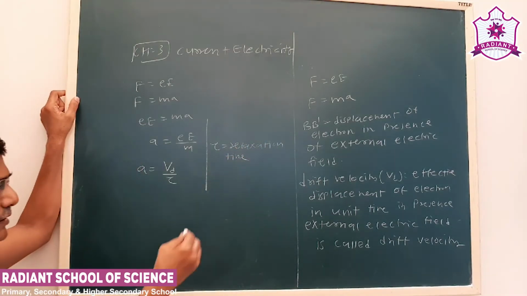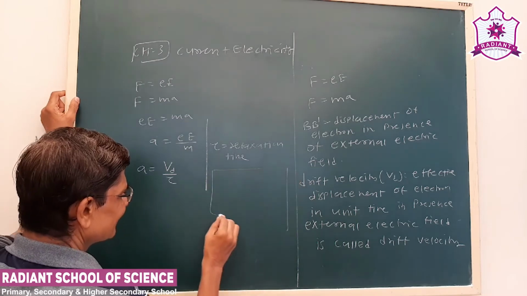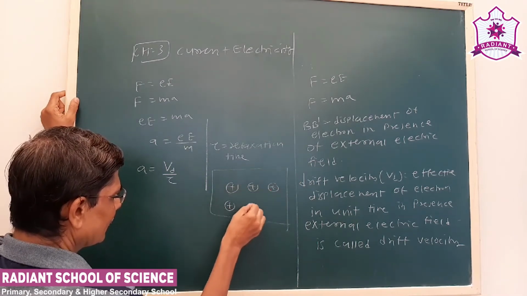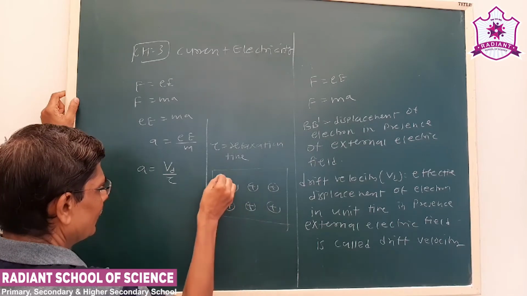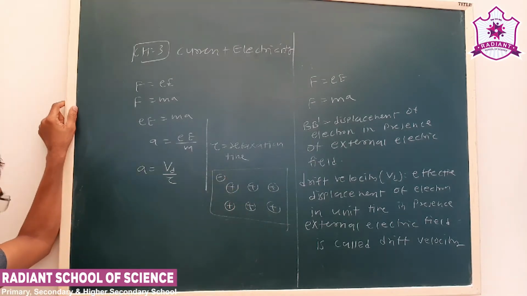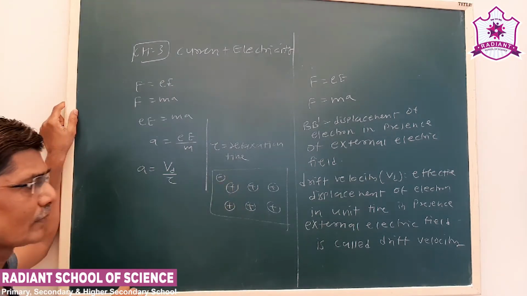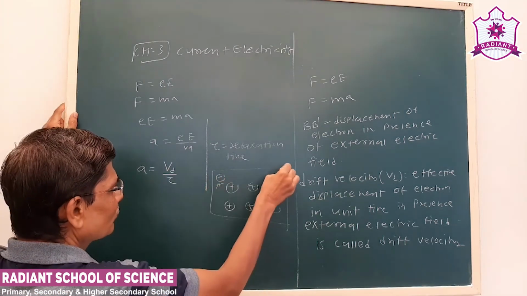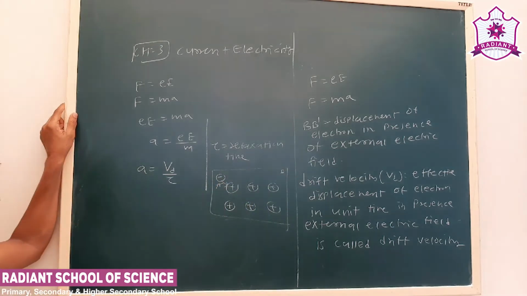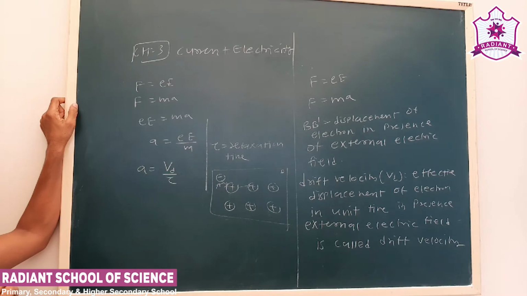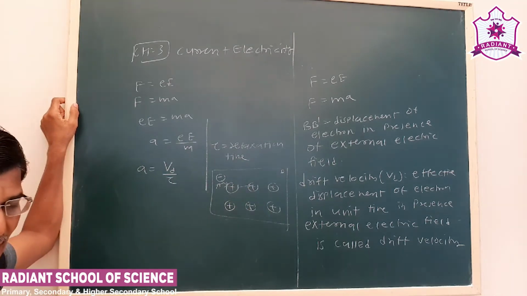Now what is relaxation time? Just now we have seen the cross section of a conductor and how the electron moves in the absence and presence of the external electric field. When the electron moves from A to B, it collides with some positive charge. Then after some time, it has moved some distance and collides with another positive charge.